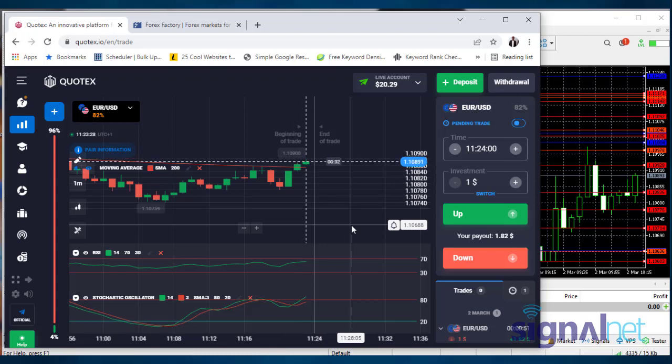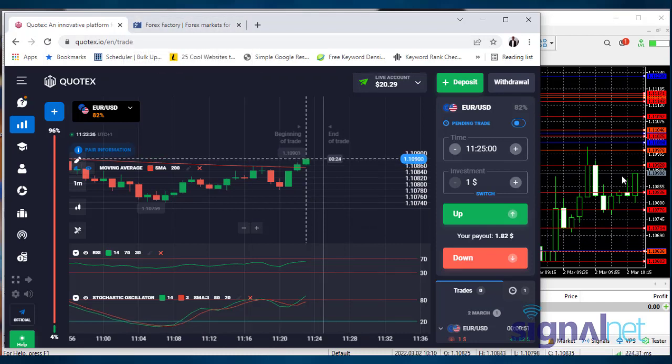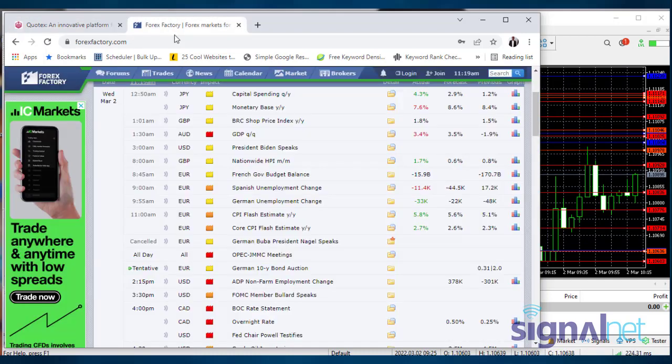So the market is rising. I was looking at Forex, even though I'm watching what's going on here. So let me look at Forex Factory again. 11 o'clock something came out all day. Okay. So the euro has had some positive news come out, though this wasn't positive.